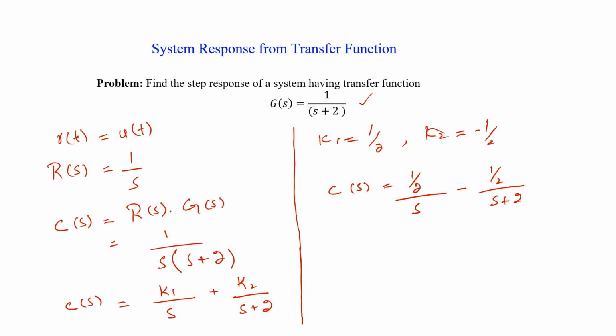So if we apply the inverse Laplace transform on this equation, we will get c of t. We already know that 1 by 2 will be as it is, and we know that the inverse Laplace transform of 1 by s is just 1, and similarly 1 by 2 will be as it is, and we know that 1 over s by 2 has the inverse Laplace transform as e raised to power minus 2t, and we can write u of t as well.